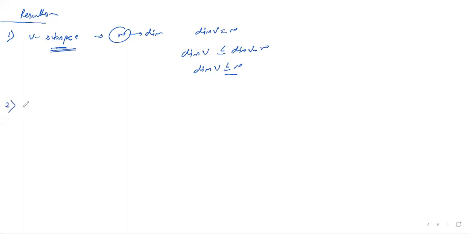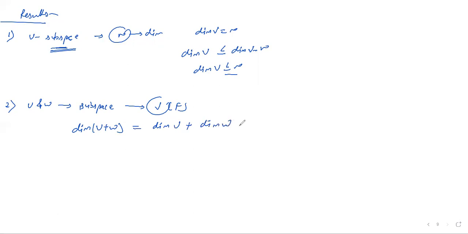Second case: if I have u and w, which are two subspaces of a finite dimensional vector space v over F, then the dimension of u + w, the sum of these two subspaces, is dimension of u plus dimension of w minus dimension of u intersection w.